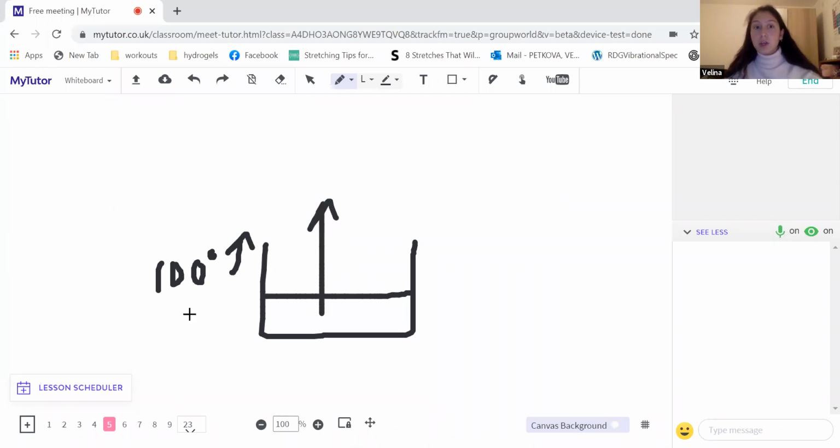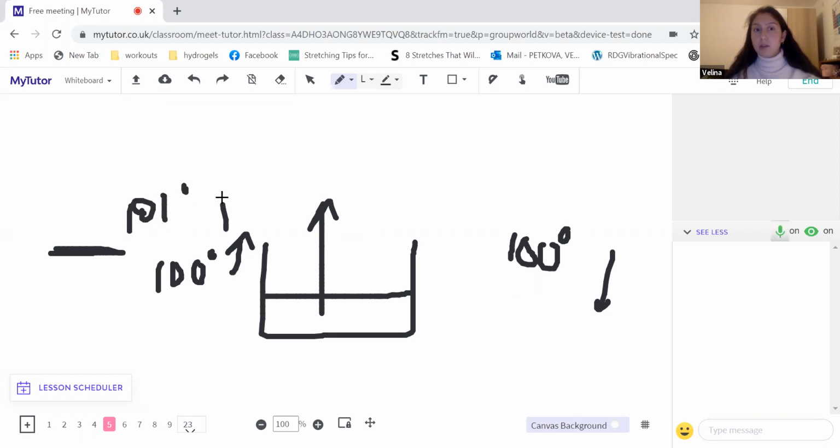Therefore, at 100 degrees or any temperature below, it starts condensing. So 100 degrees is a bit of a threshold. You could think of it as when it reaches 101 degrees, it starts evaporating, and when it reaches 99 degrees, it starts condensing. Sort of, if that makes sense.